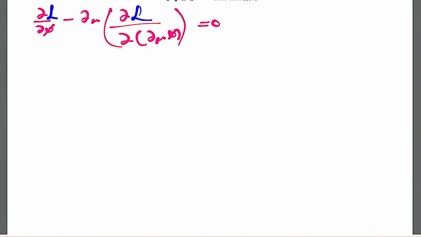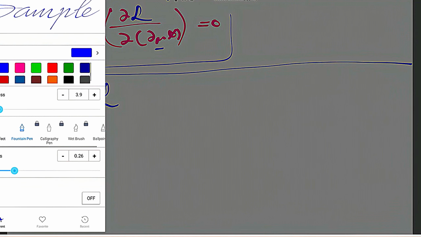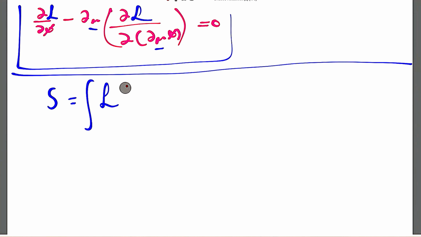What I have written here is the Lagrangian equation of motion, and we can see there are some indices involved as well. First of all, the starting point is action. So let's define action. We know that the action is defined as S, S is for action, and there is the integral, and we have Lagrangian density, and this Lagrangian density depends upon three things.